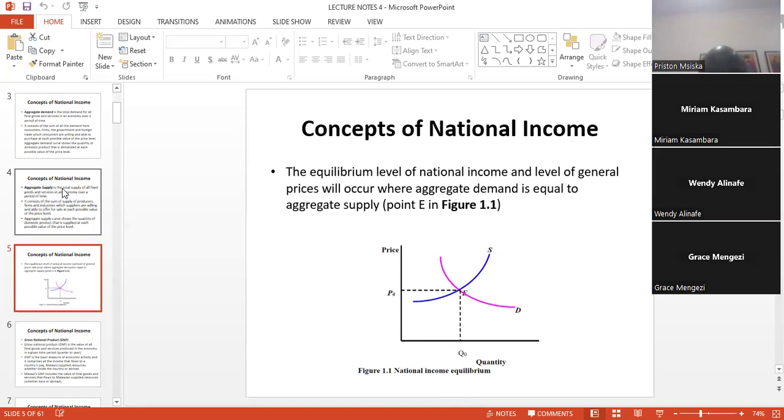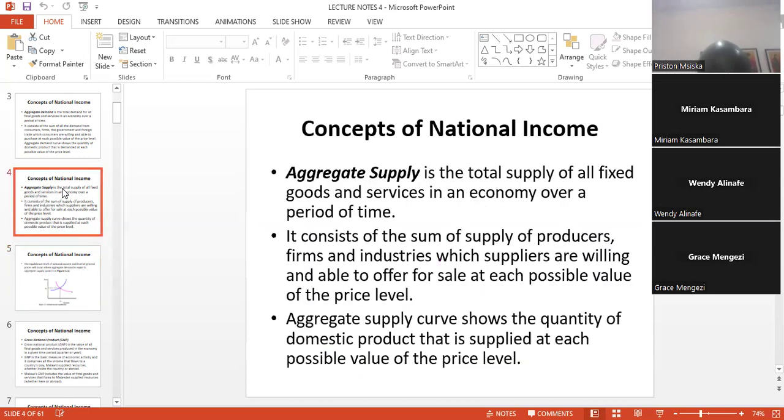Yeah, so the aggregate supply, this one, aggregate supply is basically aggregate production. Now, this aggregate production usually is given a name.